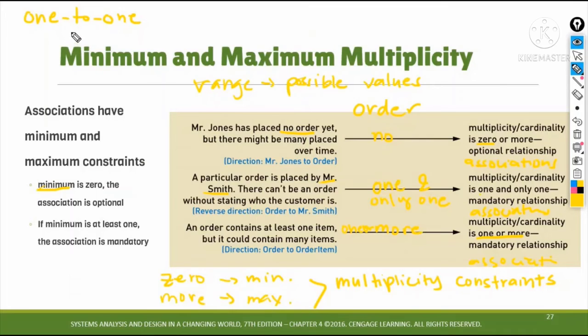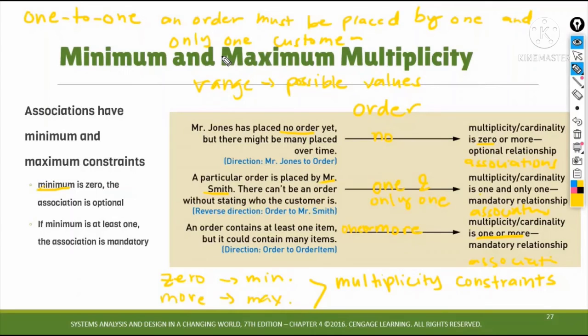So sometimes that association is read as an order must be placed by one and only one customer. So that is for a one-to-one association.